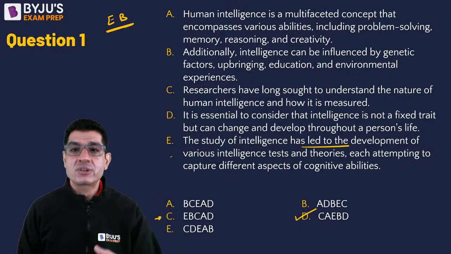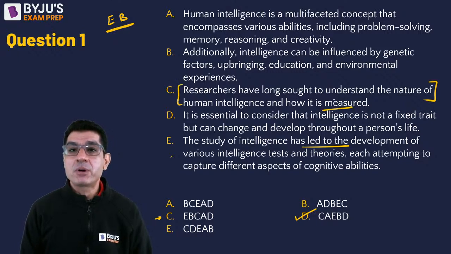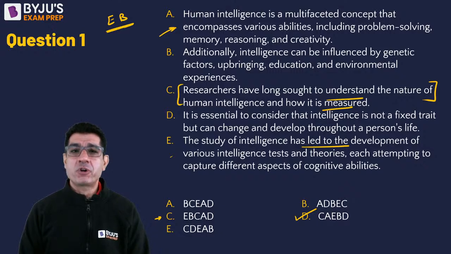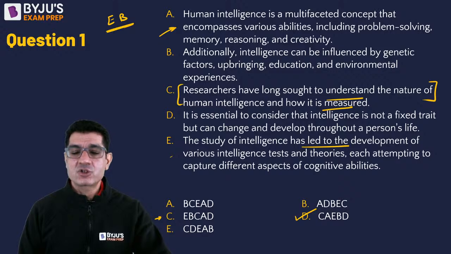Prior to that, we need to talk about the fact that people wanted to study it and define what it is. So C definitely needs to be put before E and B, otherwise this won't really work. So that's why option C can be ruled out. Okay, so that's where I think option D is going to be the best answer choice for us.